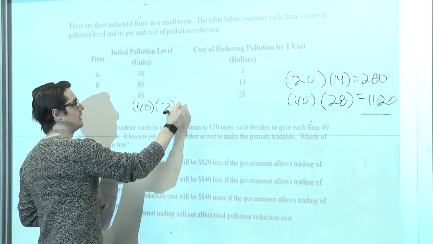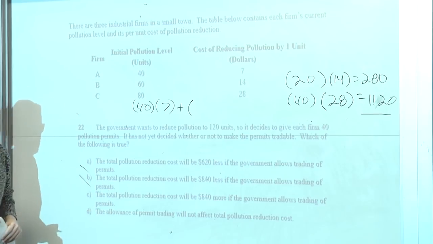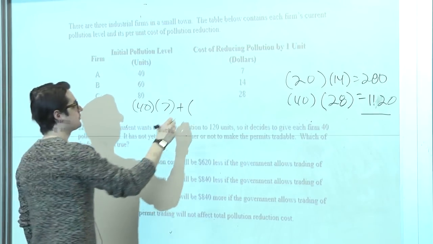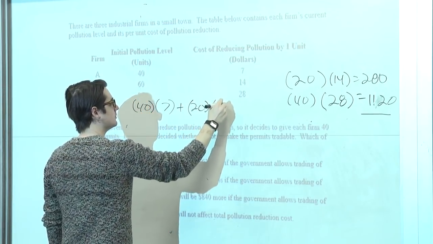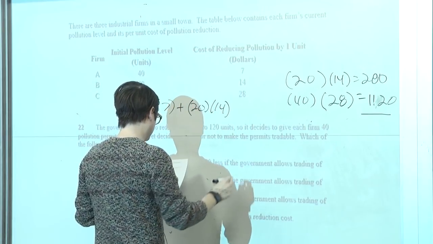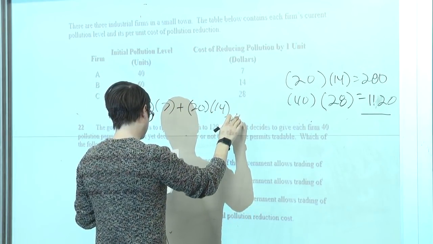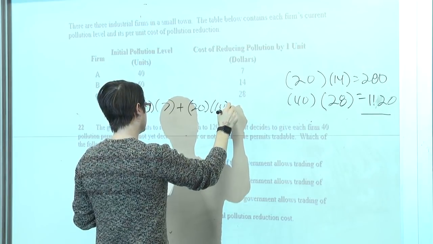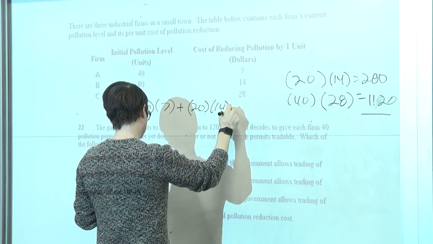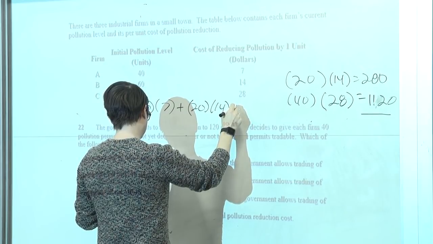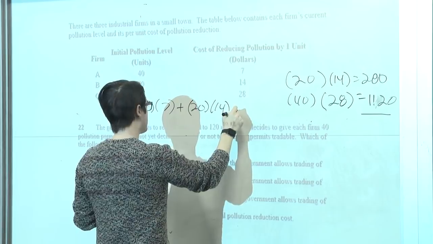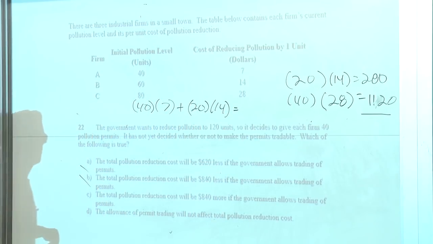And then we're going to add the 20 remaining from firm B. Okay, and then the difference between those two things is going to be the reduction in your pollution cost when you allow for tradable permits.